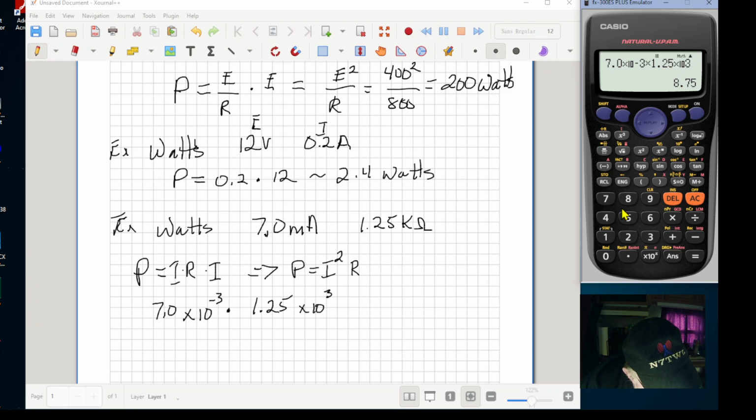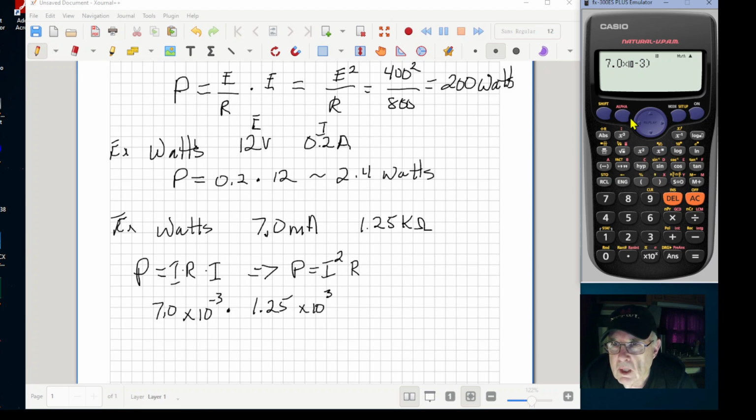And I'm not sure that is actually the correct answer. No, it is not. We should have gotten milliwatts. I screwed up. Let's try it again without the powers of 10. You probably already guessed what I screwed up. It is 7.0 times 10 to the negative third power.